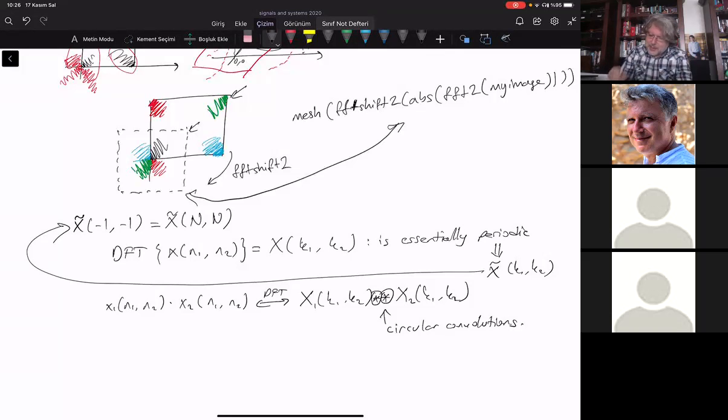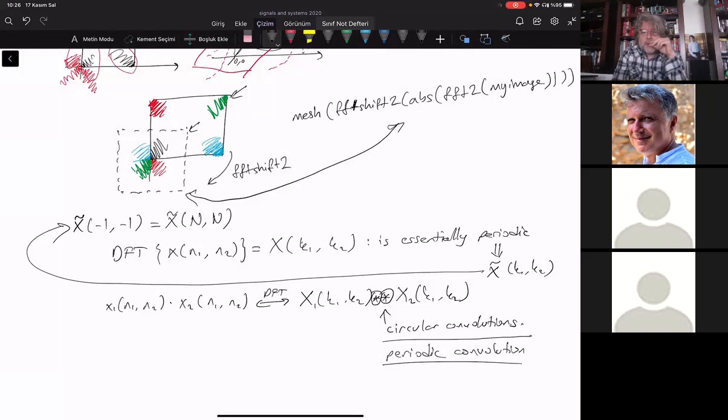Please, if you're uncomfortable with circular convolution, search for it and try to understand, because when you multiply two signals, the convolution is not linear, it's a circular convolution. You can also call it periodic convolution. This is also a possibility for indicating.